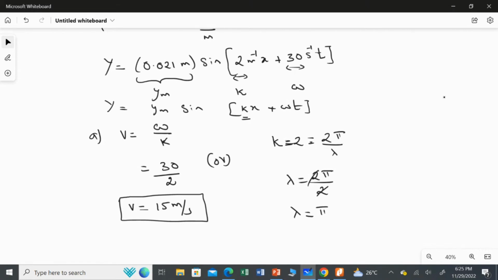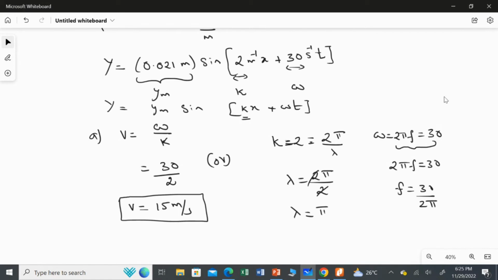And in the second part, I am going to compare the angular frequency. What is our angular frequency? We know the formula, which is 2 pi f, which is equal to 30 here. Therefore 2 pi f = 30, therefore f = 30 over 2 pi, right?